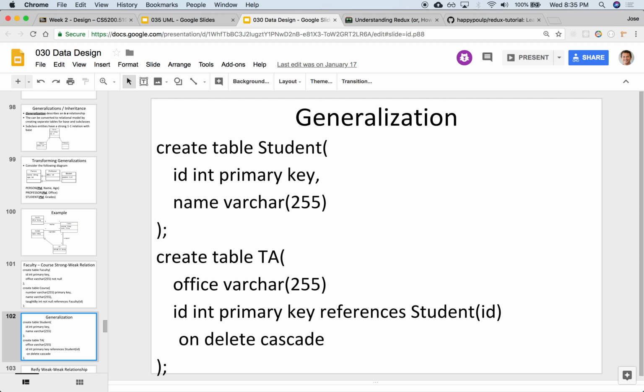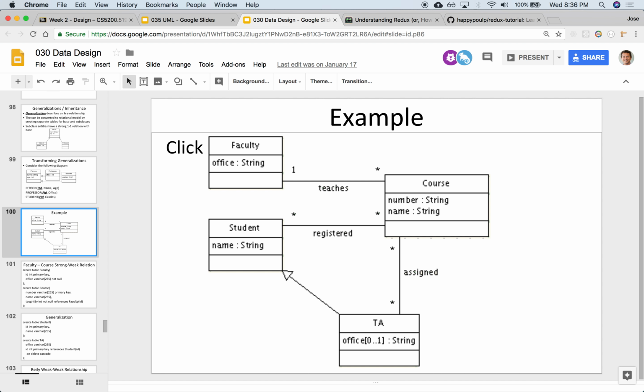And notice that there's a cascade delete. That means that if my parent is removed, if the record for this student is removed, then the TA record is also removed. It would make no sense to keep the TA record if I don't have an equivalent student record. You just can't be a TA without being a student. That's what it says. And that's exactly what the object-oriented diagram says.